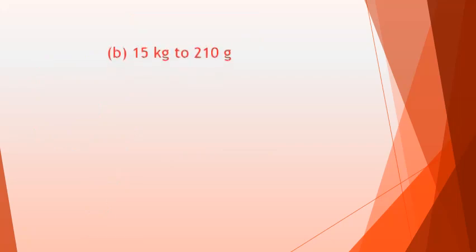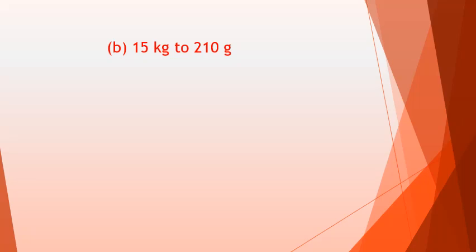Our next question, find the ratio of 15 kg to 210 grams. Children, look at the units here. One is given in kilogram and the other quantity is given in gram. So we are not able to find the ratio. Why? Because both quantities are not in the same unit.